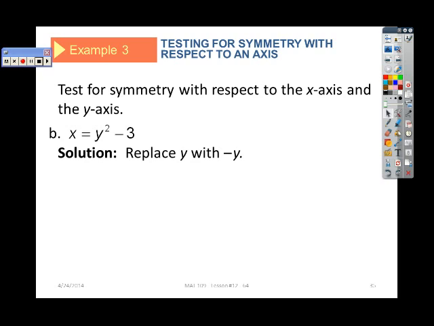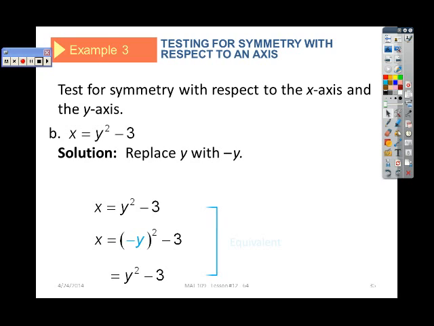If we want to look at symmetry with respect to the x-axis, what we're going to do is take the y's and replace them with minus y's. And if we wind up getting exactly the same thing we started with, it's symmetric with respect to the x-axis. So if you replace x and it's the same, then it's symmetry with respect to the y-axis.